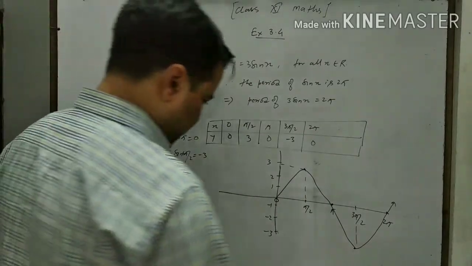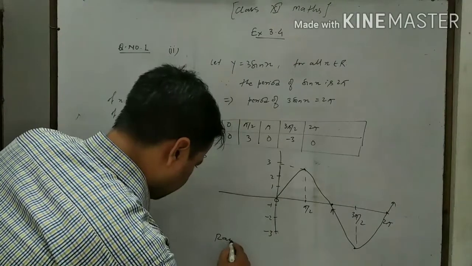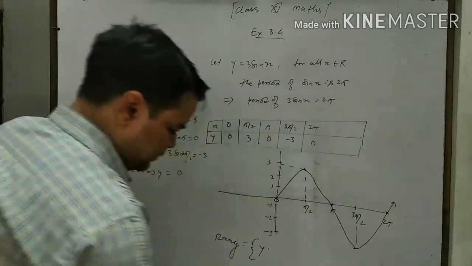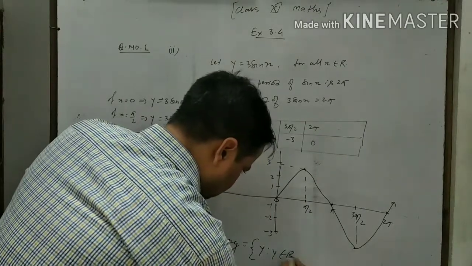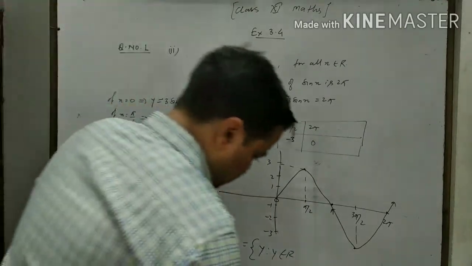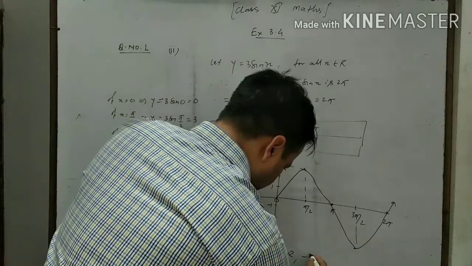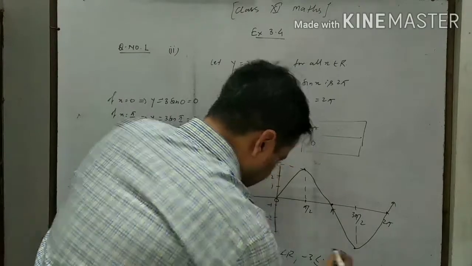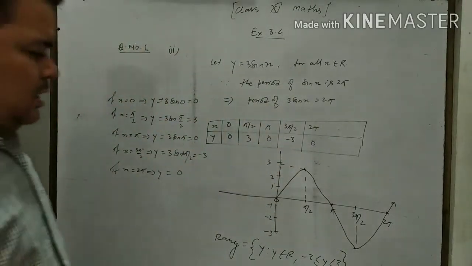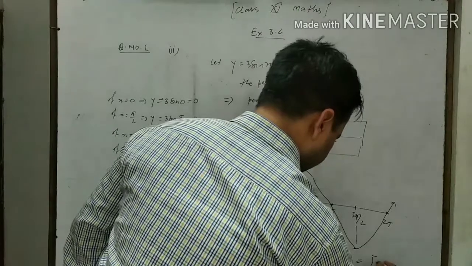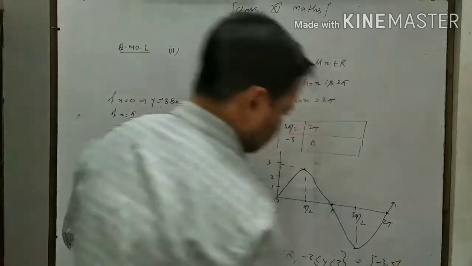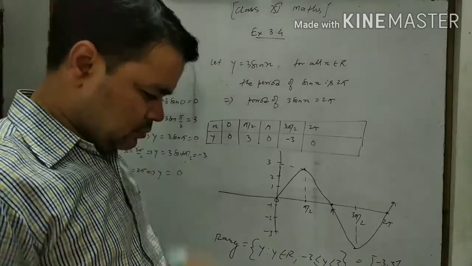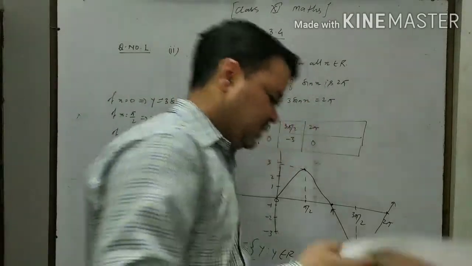Now we can say that its range is y such that y belongs to R and minus 3 is less than or equal to y which is less than or equal to 3. This is the range, or we can say the range of this graph will be minus 3 to 3.